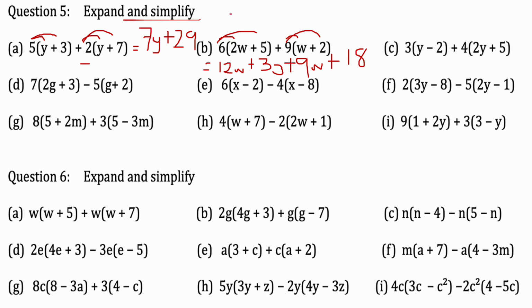Again, collecting our like terms, so collecting our w's together and our constant coefficients together, 12w plus 9w is 21w, and then 30 plus 18 is plus 48, guys. That's my answer for that one.